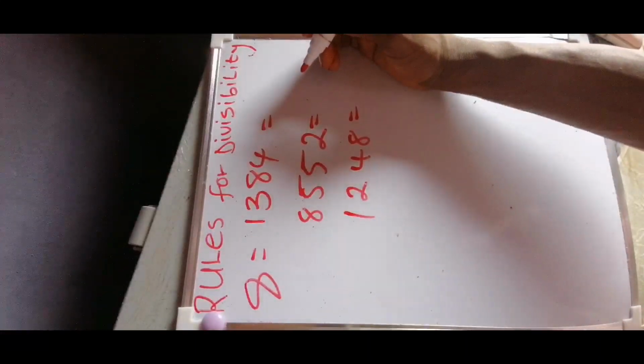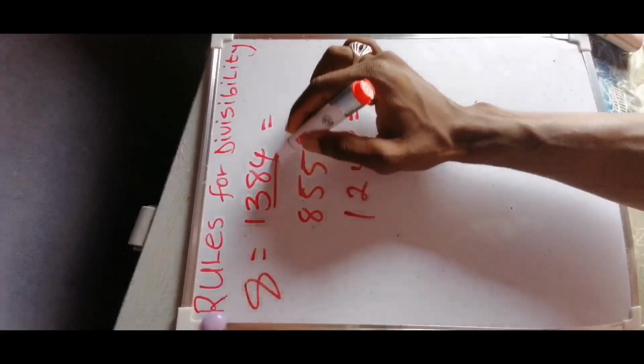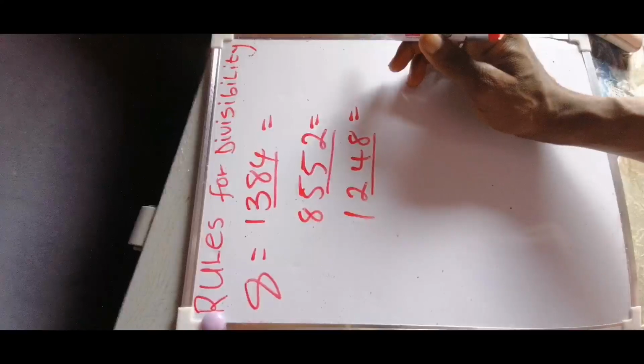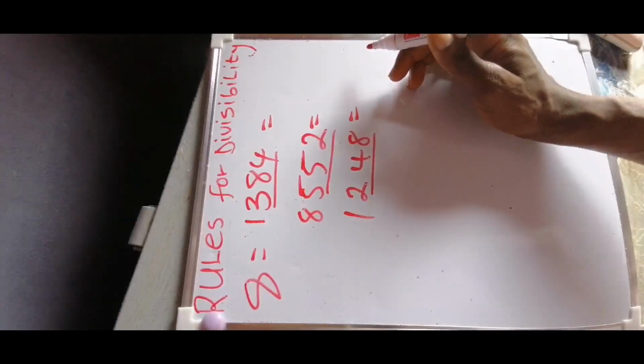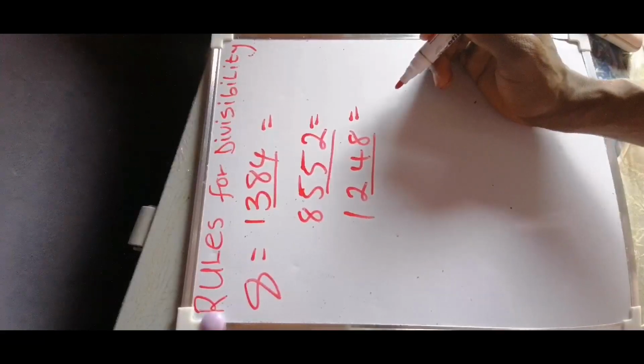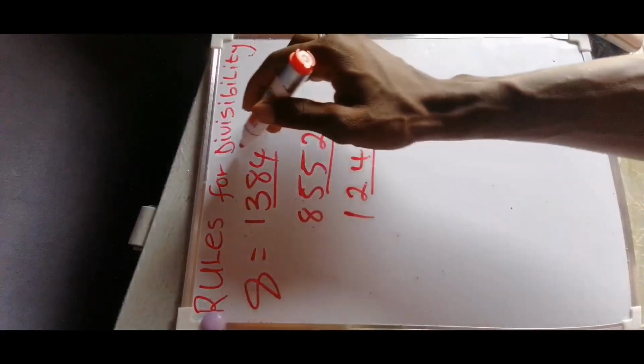They said if the last 3 digits form a number divisible by 8. So 384 can be divided by 8.